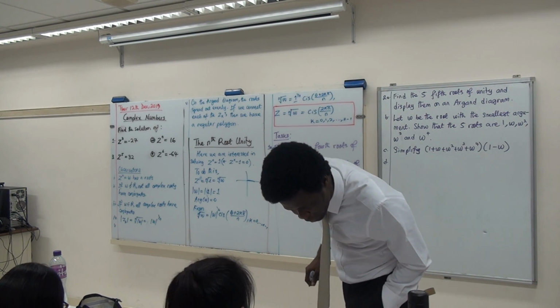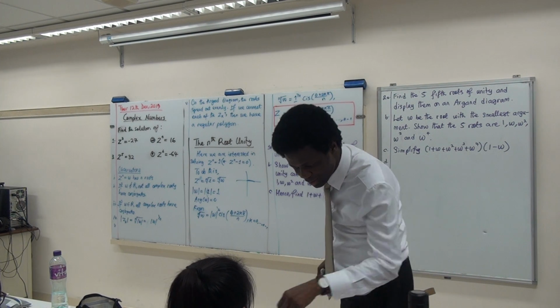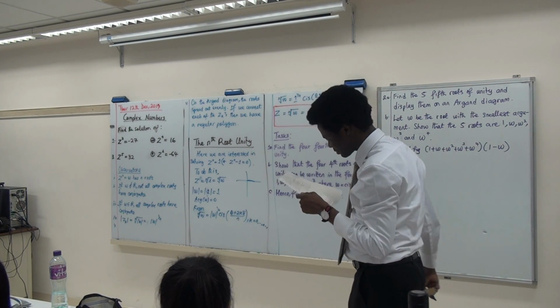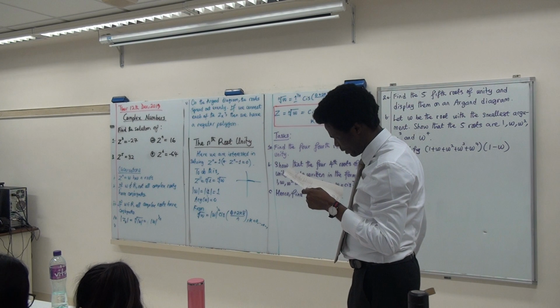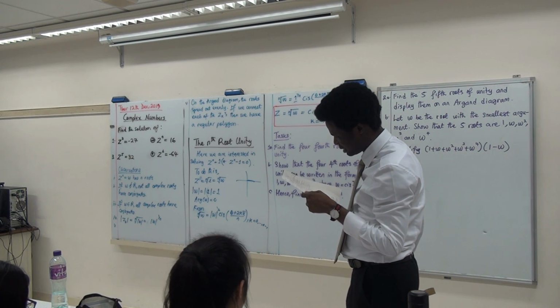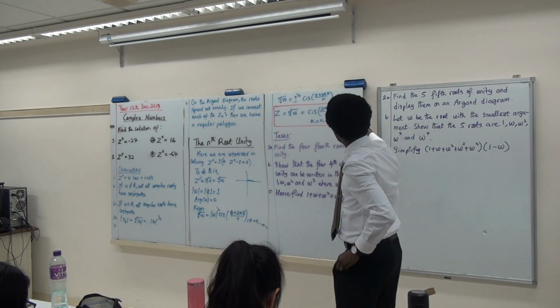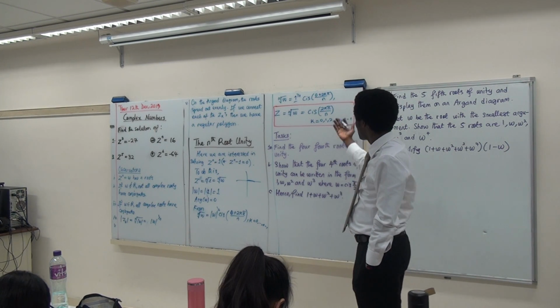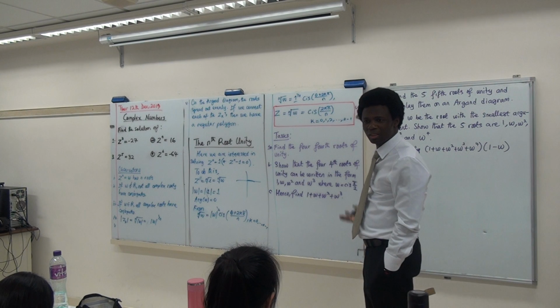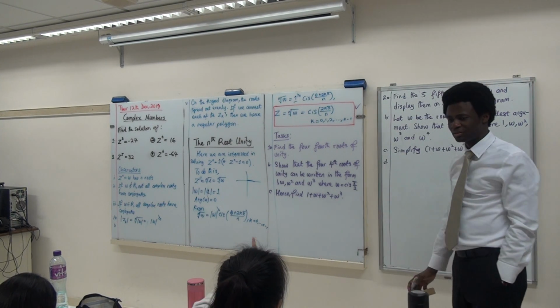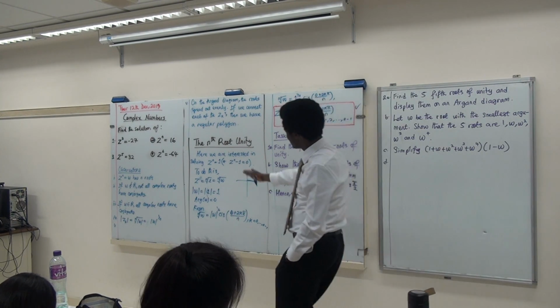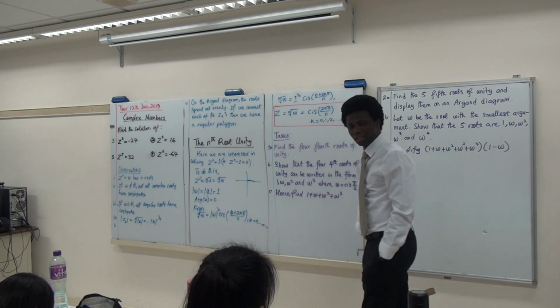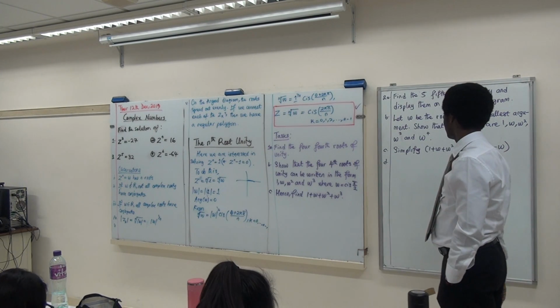For question B, wait, remove the K. Karen, you don't need all this. You just start from here. You just substitute. K is 0, 1, 2, 3. That's all you have to do. We already derived it, and this is all you need. Okay?